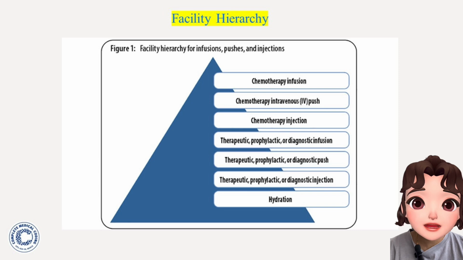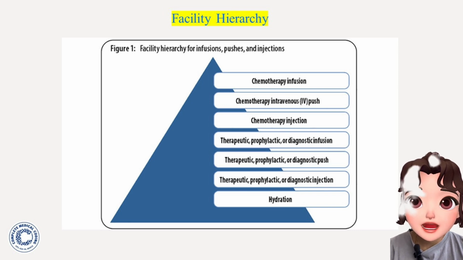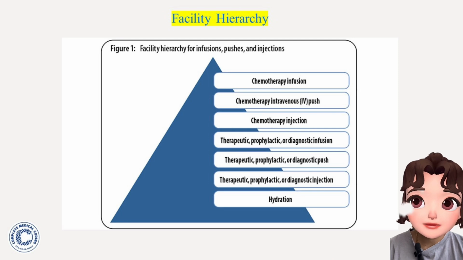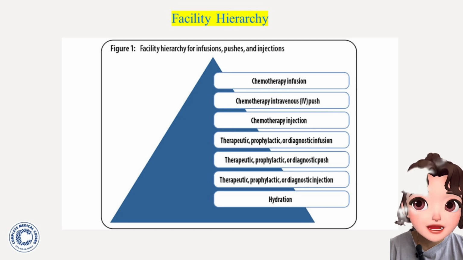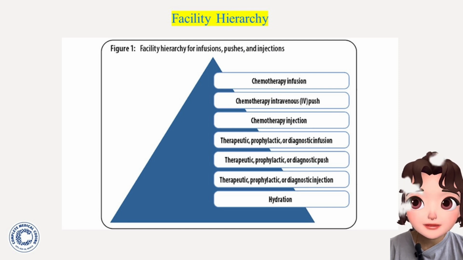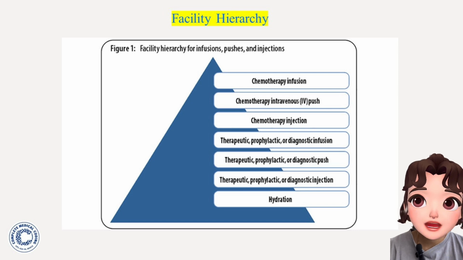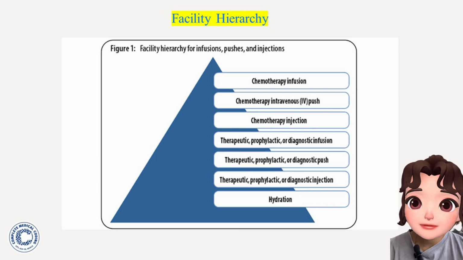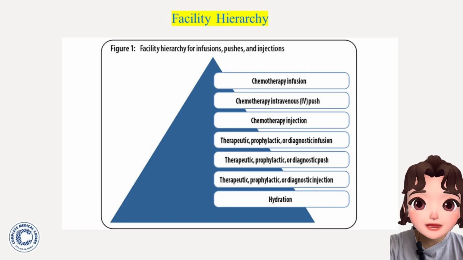If everything is present, initially you go for chemo infusion, chemo IV push and chemo injection, followed by the therapeutic, prophylactic or diagnostic infusion, IV push, and then injection, followed by hydration. Hydration should be the last procedure.